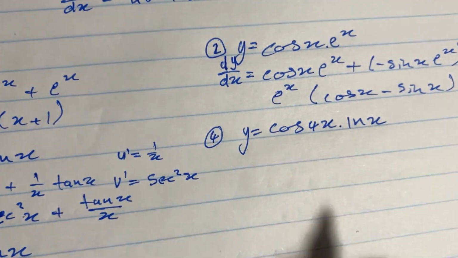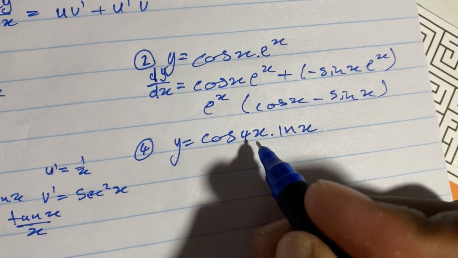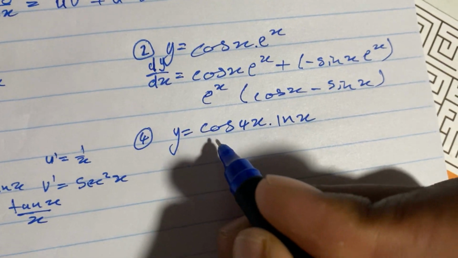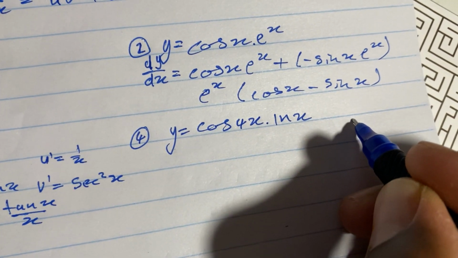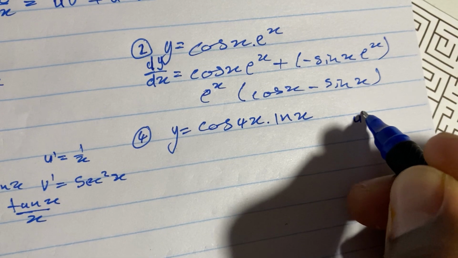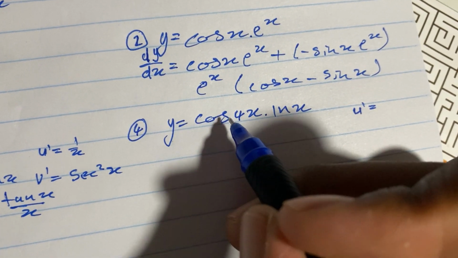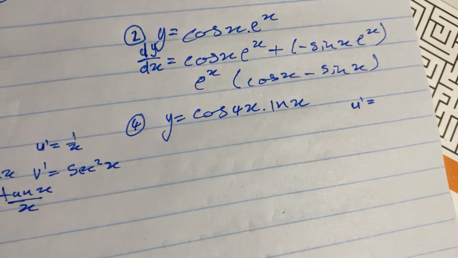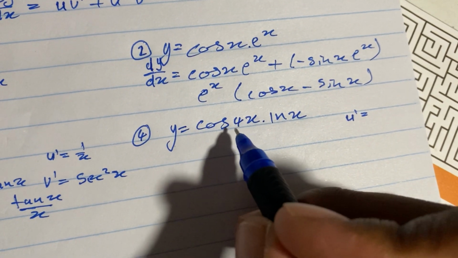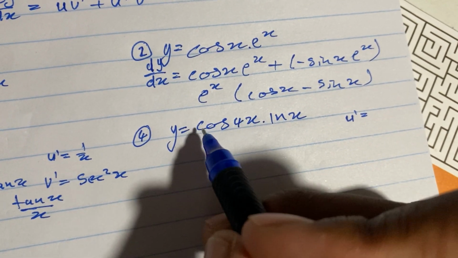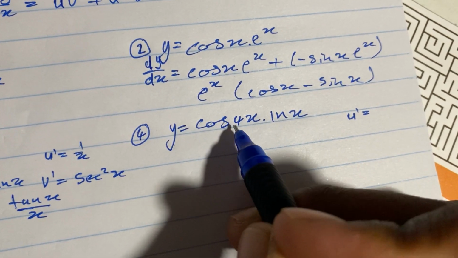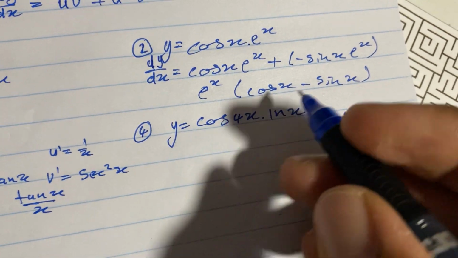And then for this one also, we know that this is u. Let's just call it u. This will be u prime equates to, this one you use the product rule overall, but then this one will be the chain rule.